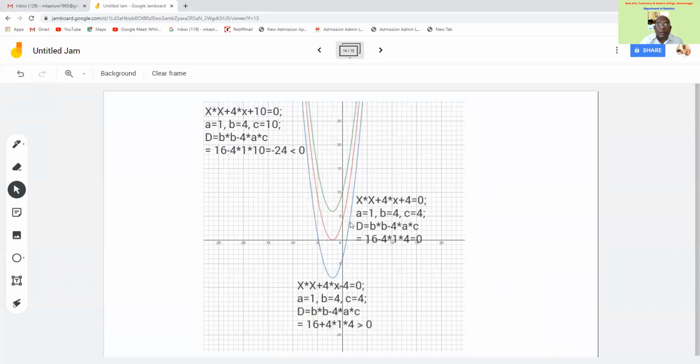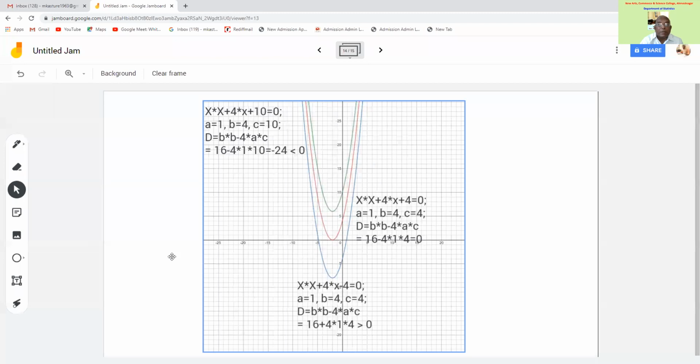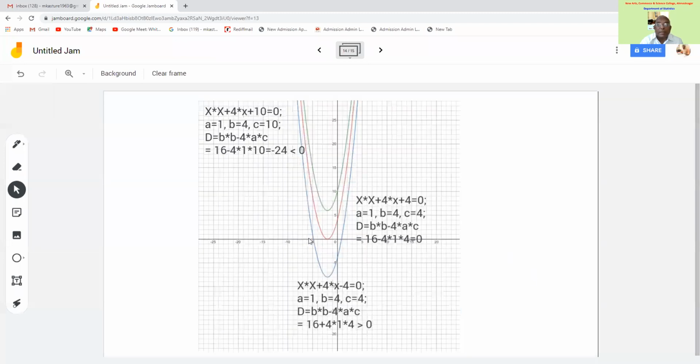this blue graph intersects your x-axis exactly at 2 points. Can you see here? The graph is intersecting at exactly 2 points, which means that discriminant is greater than 0 and there will be two distinct real roots.